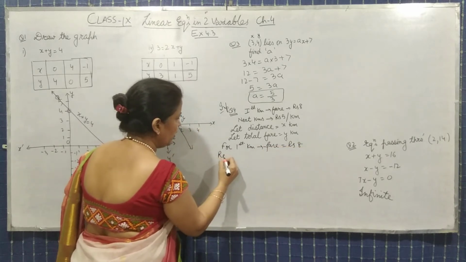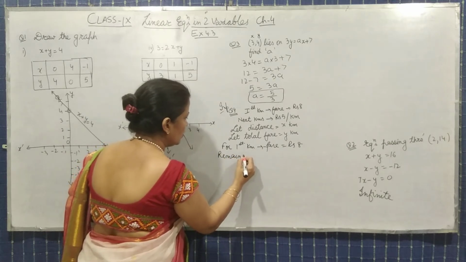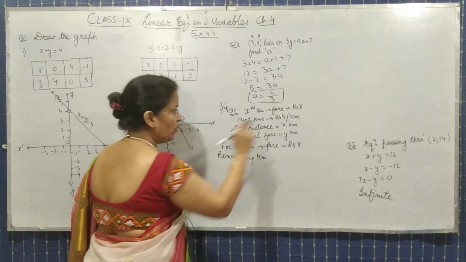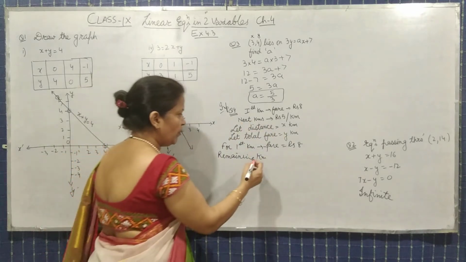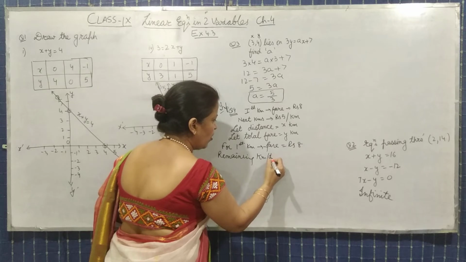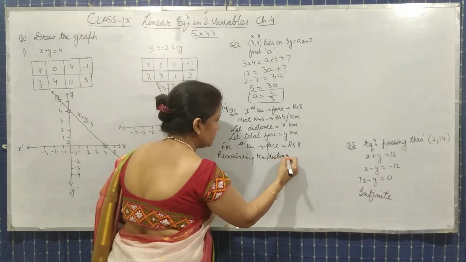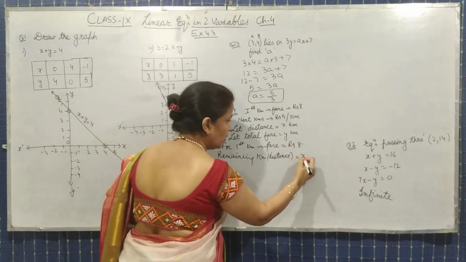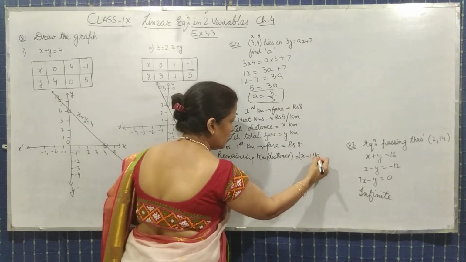What should be the remaining kilometer? Distance we have taken as x, so the remaining distance will be x minus 1 kilometer.